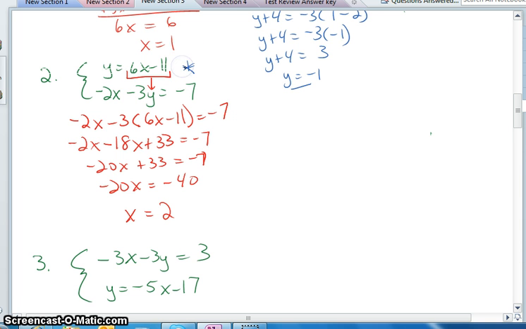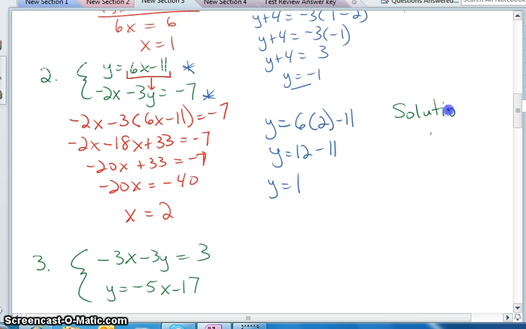If you want to use this first one, or if you want to use the second one. You get to choose. I'm going to choose the first one, because I think that one looks easier. So then my solution is the ordered pair, 2, 1. That's my solution.